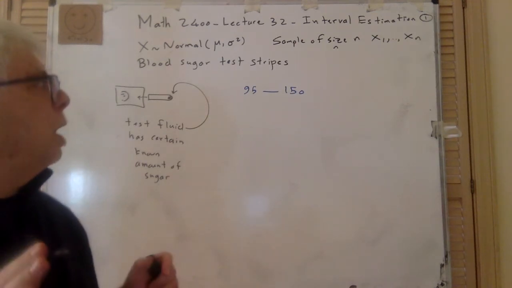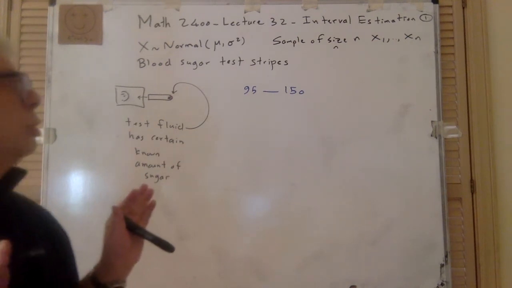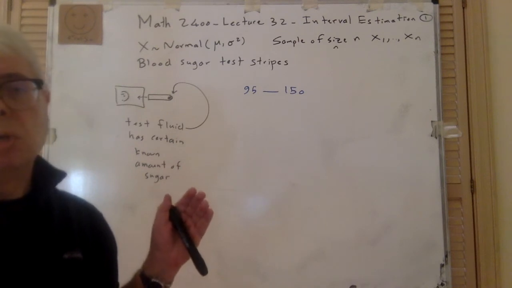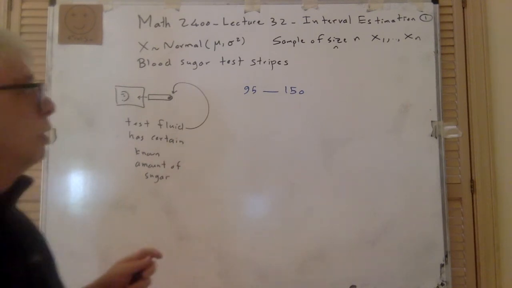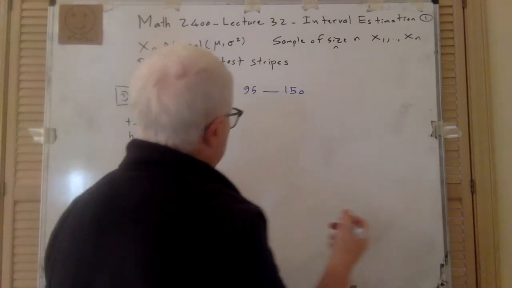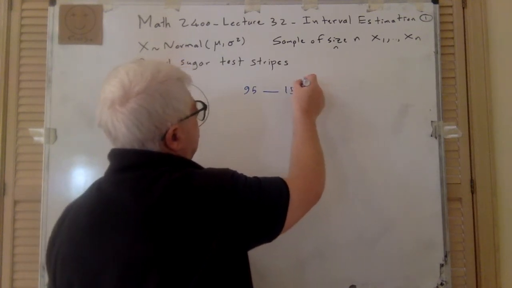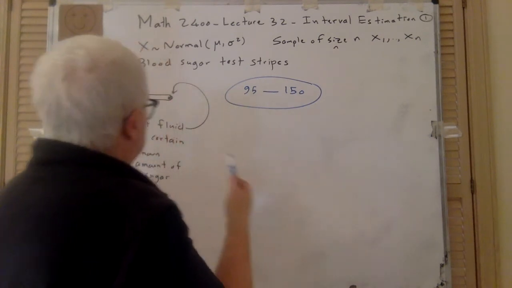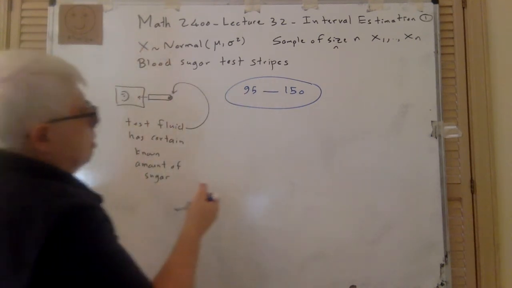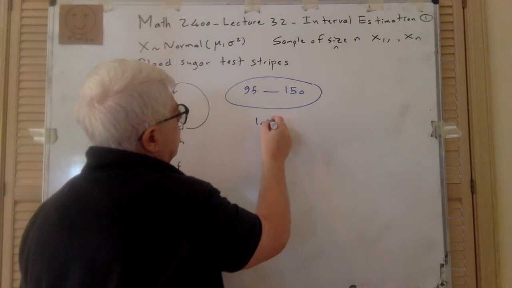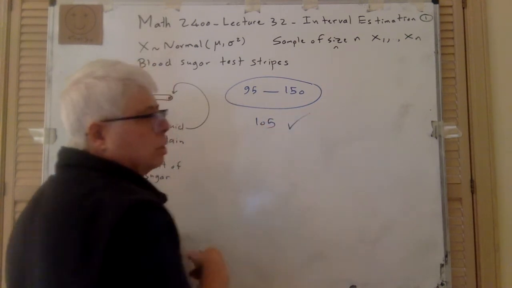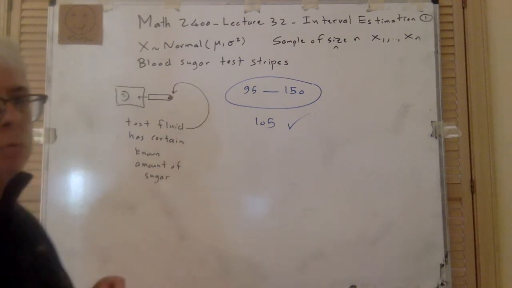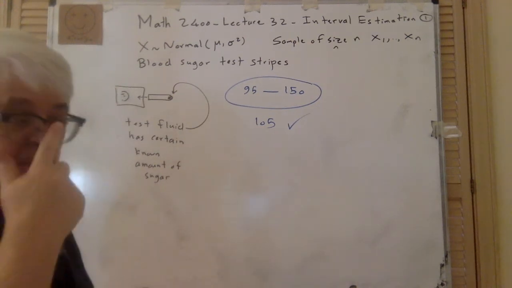I'm not sure it was 95 to 150, but the difference was about 75 points. People who don't know what this is just insert it and see the reading is 105, and say it's okay because it's between these two. What they're doing is in fact a confidence interval.